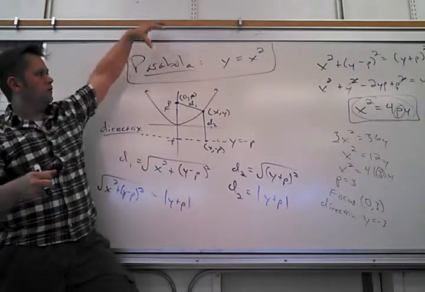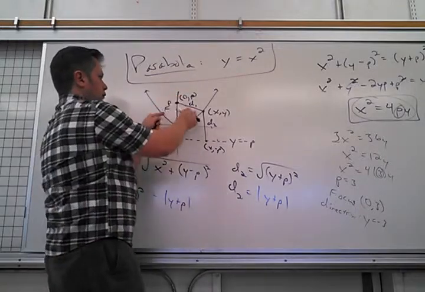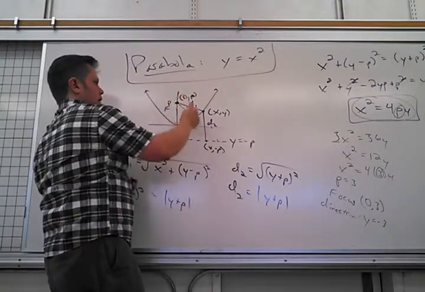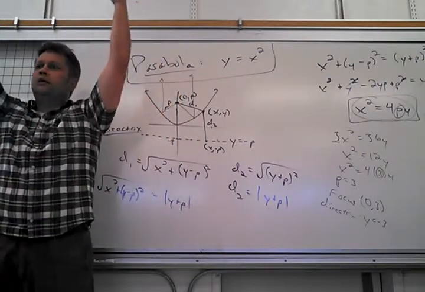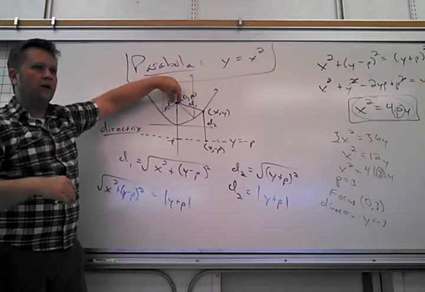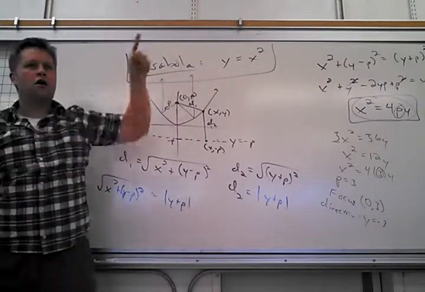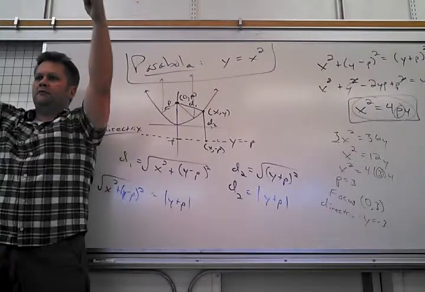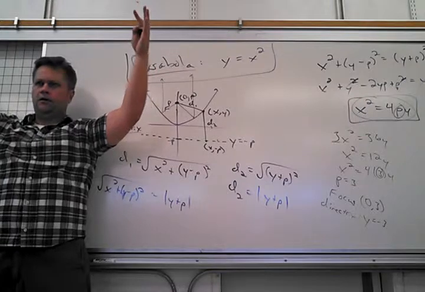If light rays came in from infinity, they would all gather at that point. Or if I have a light source here, the light rays would all bounce straight out. That's why you have such a focused beam. They have a parabolic mirror, they put a light bulb there, and when all the light bounces off, they all come out in the same direction. So it's very focused. You kind of with me?